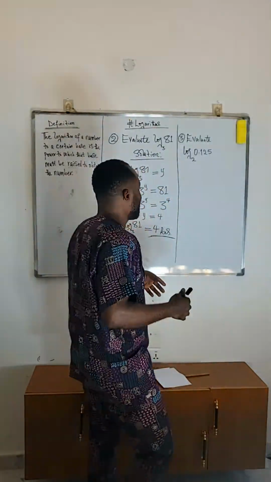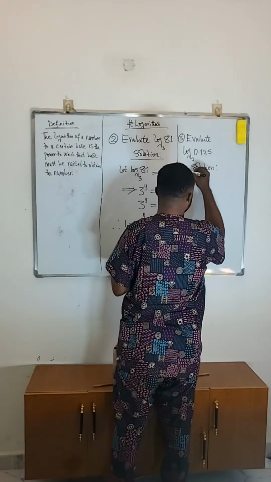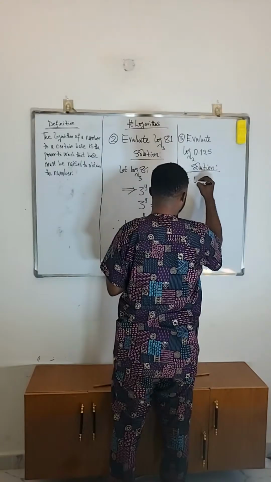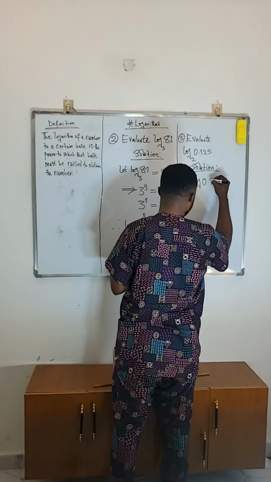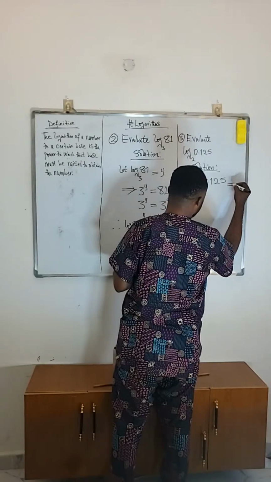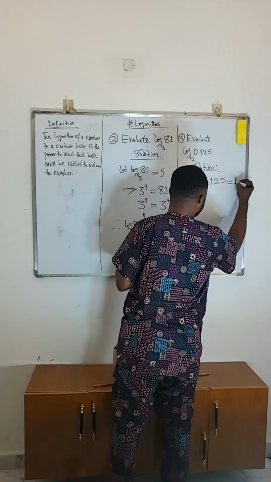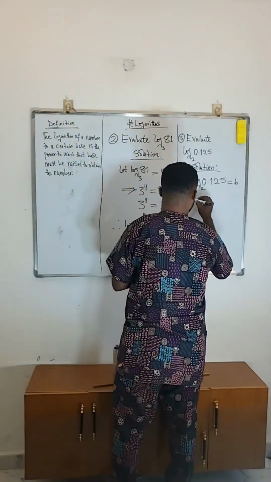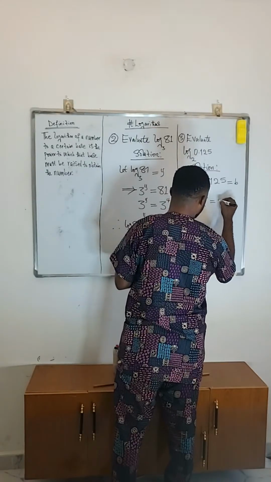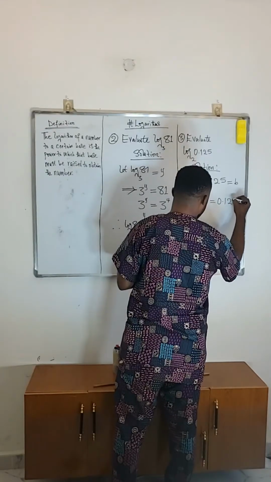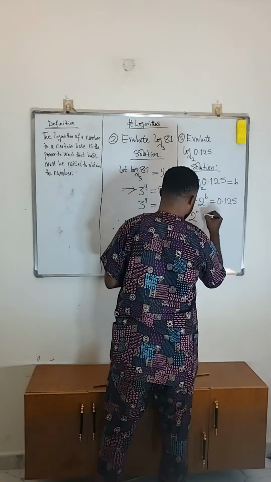As a solution, let log 0.125 in base 2 be equal to B. This implies that 2 raised to the power of B equals 0.125.